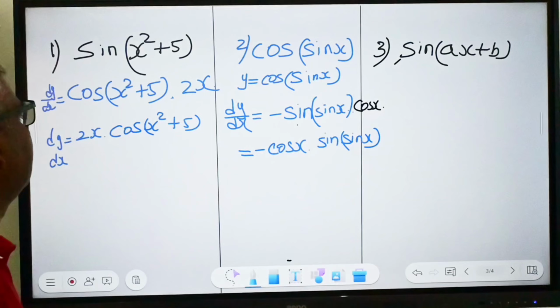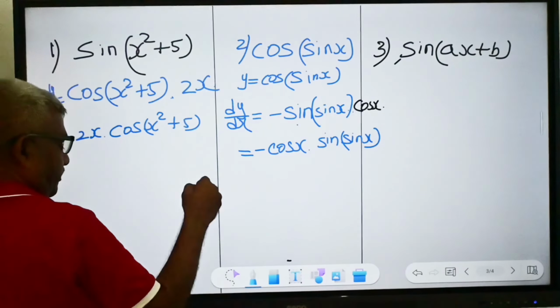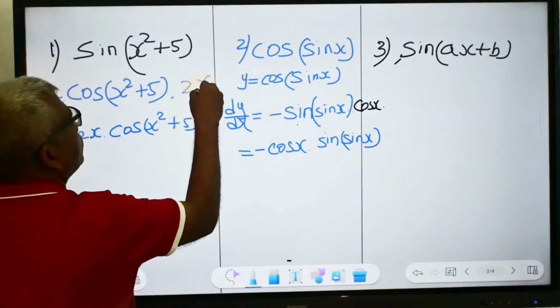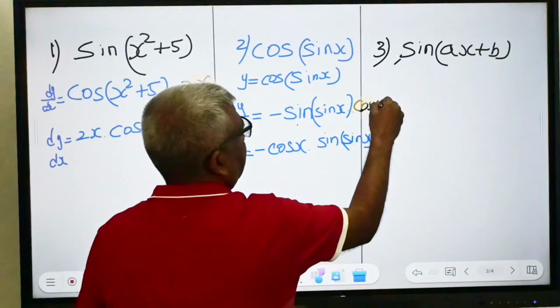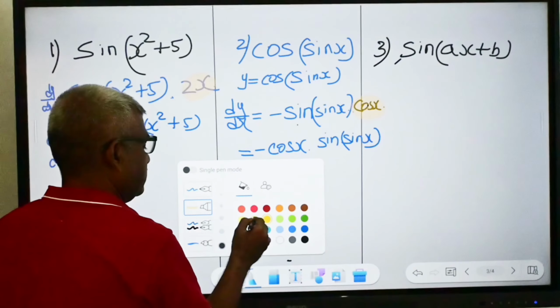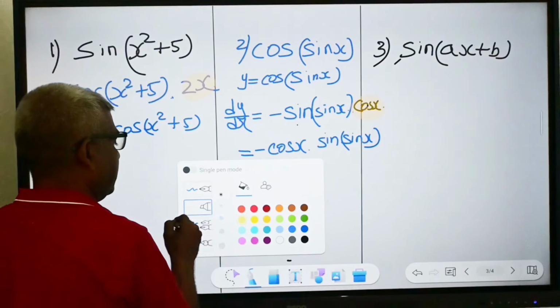Got it? This 2x, this cos x is nothing but the chain mechanism.